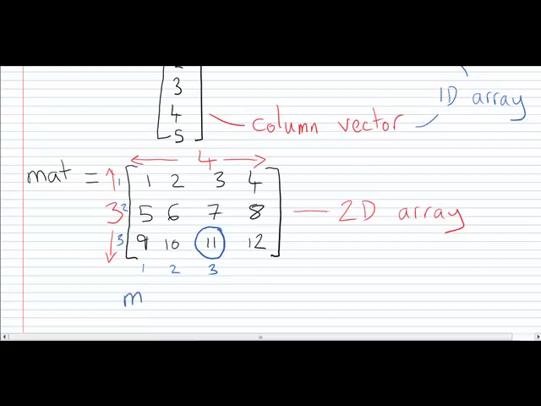So the typical notation for this would be to write that if we go to index 3, 3, we get the value 11. And that unique correspondence between the index, which is here, and the value, which is here, is very important when you're storing data in arrays.